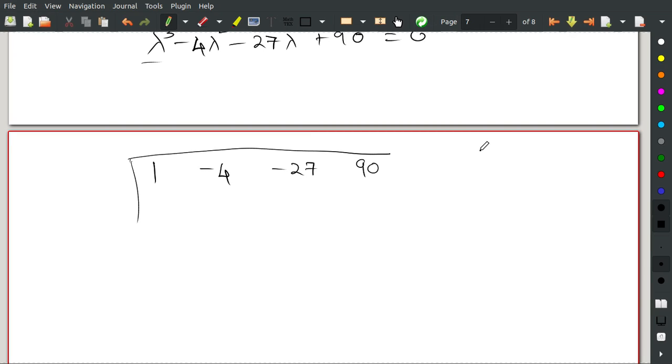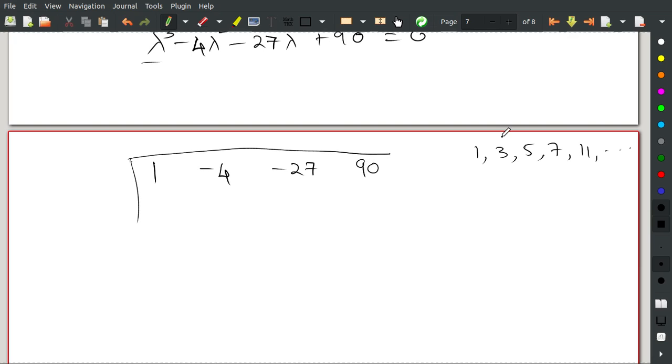The list of prime numbers we have are 1, 3, 5, 7, 11, etc. So we can choose 1 or 3 or 5 or 7 or anything, but the only condition is that the number we choose should be a divisor of this last term.